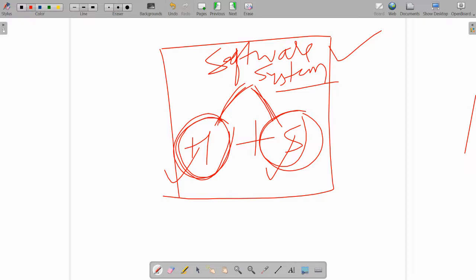How these integrated software and hardware are configured to make a system is present in the deployment diagram. That is as simple as it is. So the deployment diagram is important.